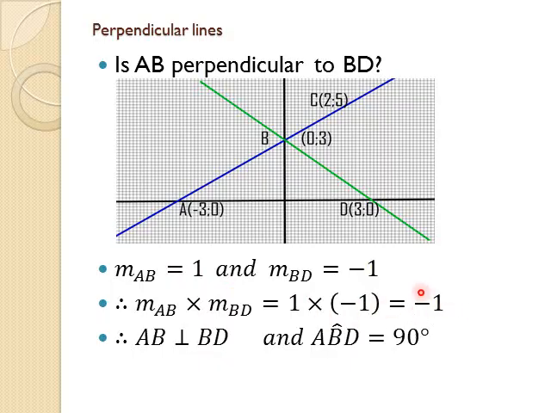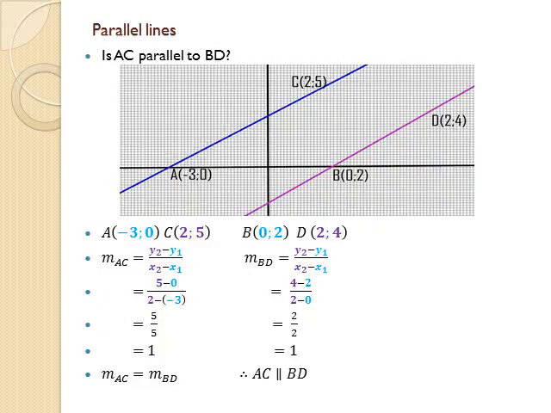If I multiply the gradients and it gives me -1, I can conclude that AB is perpendicular to BD, or written differently, angle ABD equals 90 degrees. So that would form a 90-degree angle.